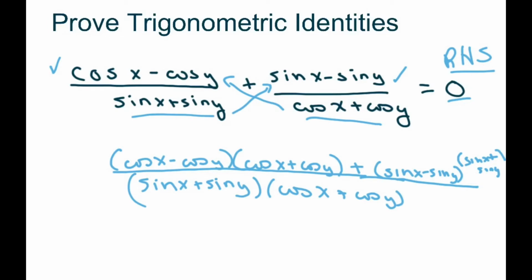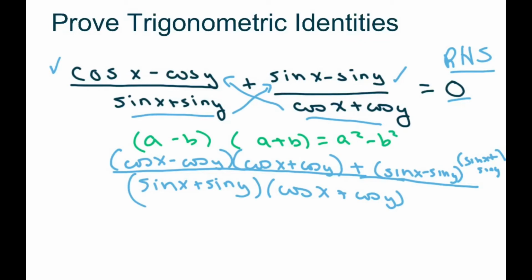This one is your form a minus b times a plus b. And this is the same thing over here, a minus b. So we know that a minus b times a plus b equals a squared plus b squared. Or a squared minus b squared, sorry. It's your difference of squares.